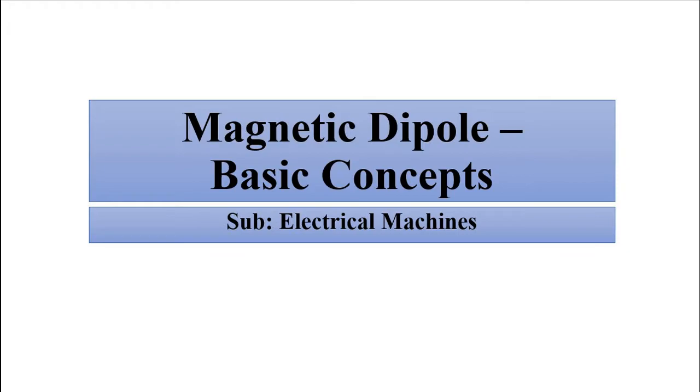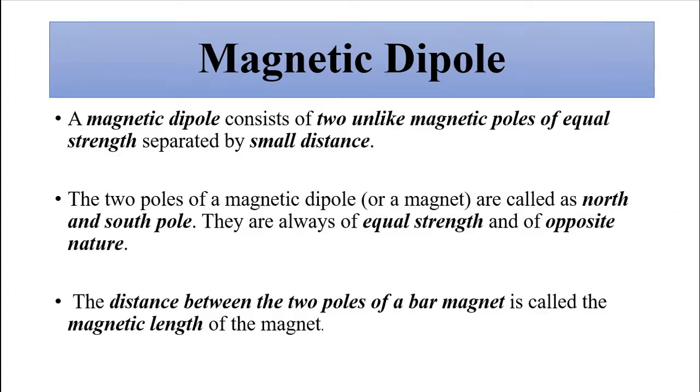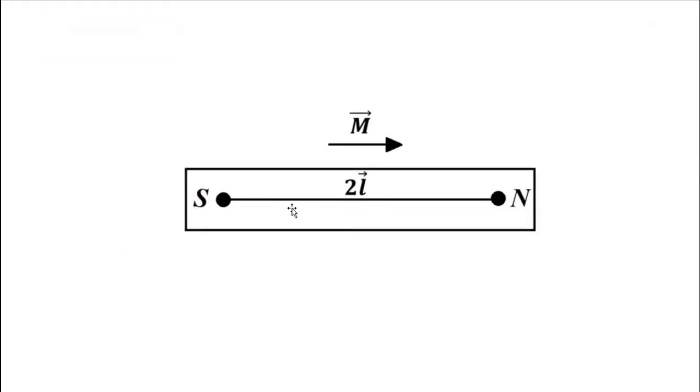magnetic dipole. So a magnetic dipole basically consists of two unlike magnetic poles of equal pole strengths but opposite in nature, separated by a certain distance.